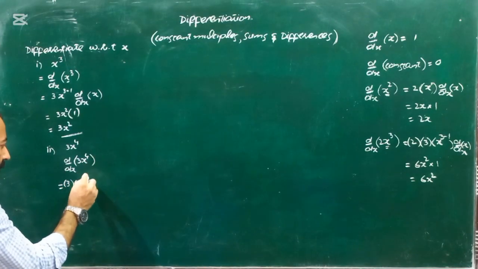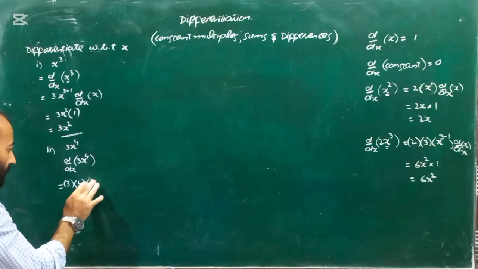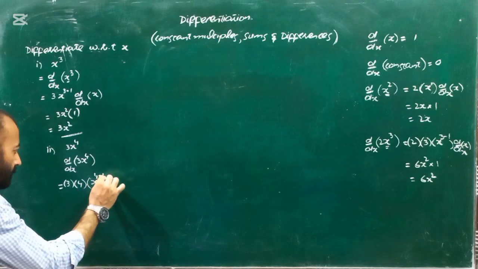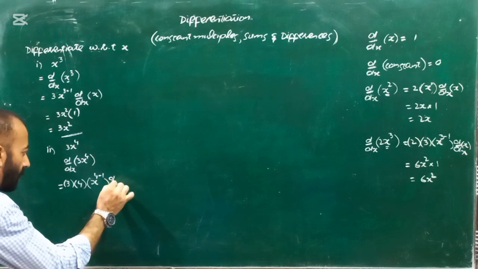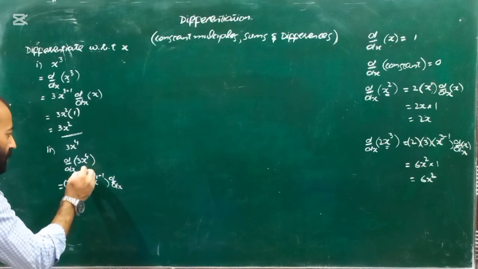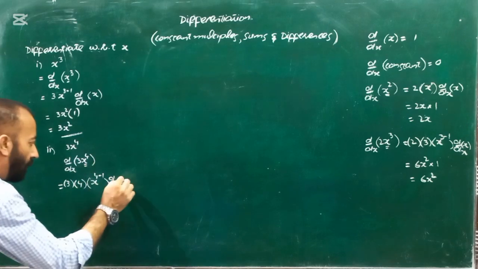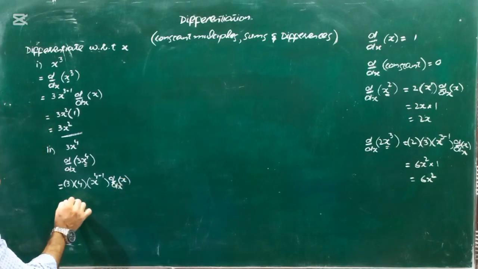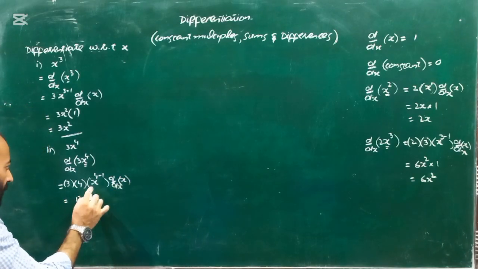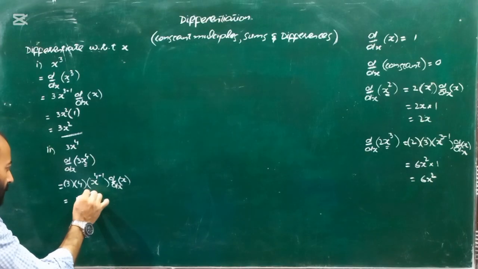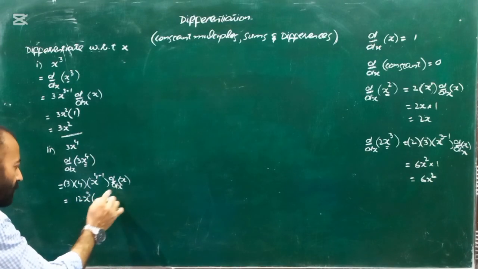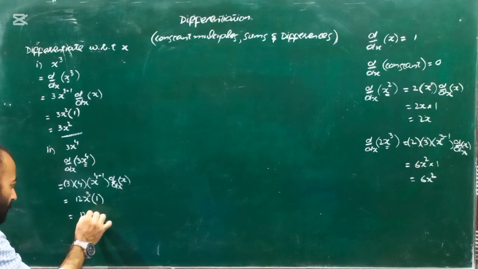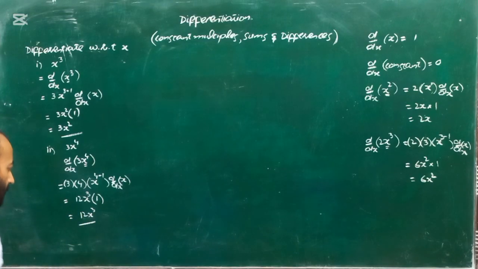Make 1 less from the power. So x raised to power 4 minus 1. And take the differential of the original value which is having power, so of x. So now solve it. 3 4s are 12 x cube, and differential of x is 1. So 12x cube will be the answer.